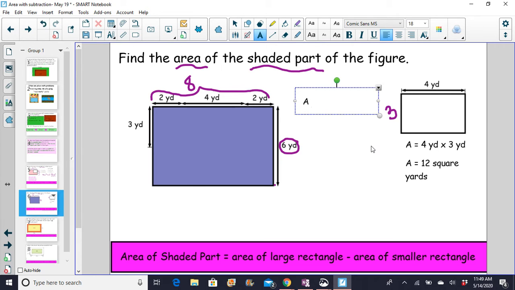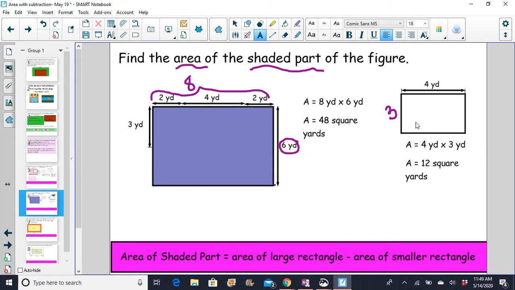That area is going to equal a length of 8 yards multiplied by a width of 6 yards. So 8 multiplied by 6 is going to be 48 square yards. So now I have the area of both of these rectangles. I need to go to my final step.